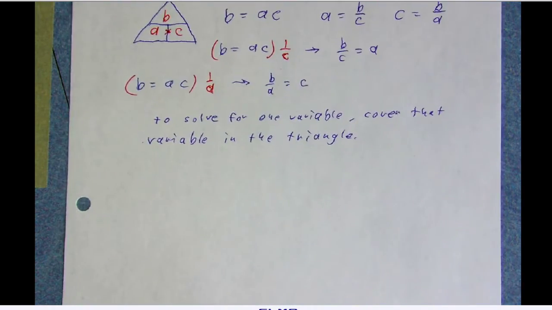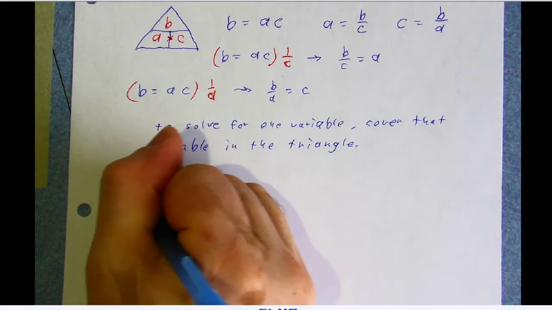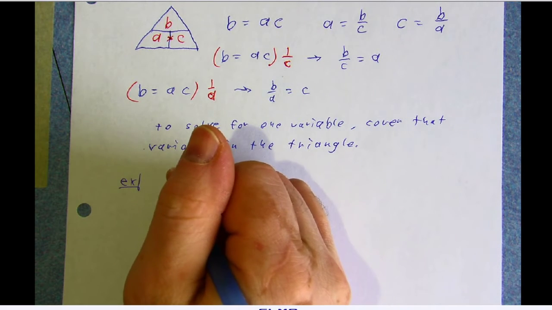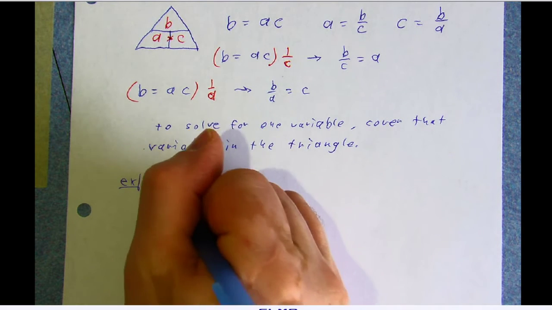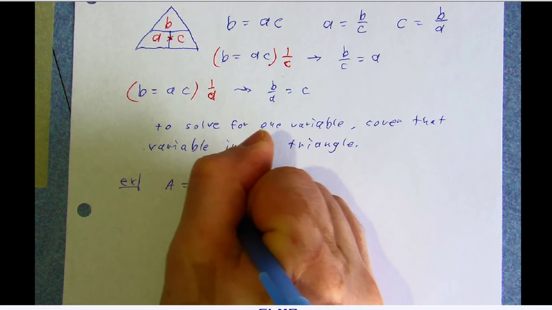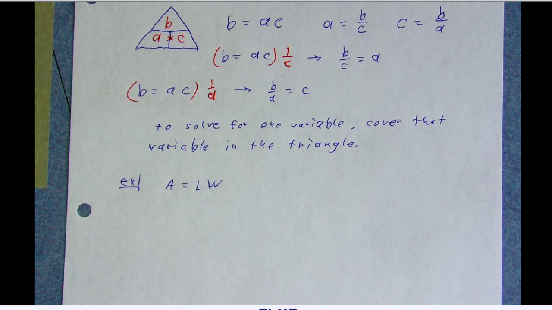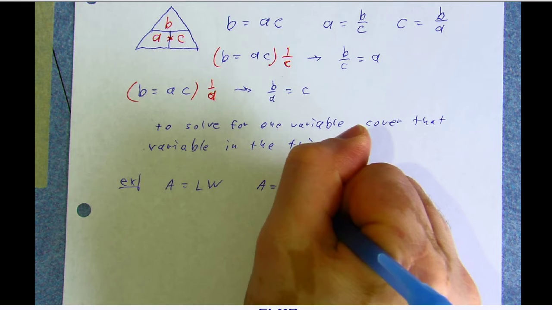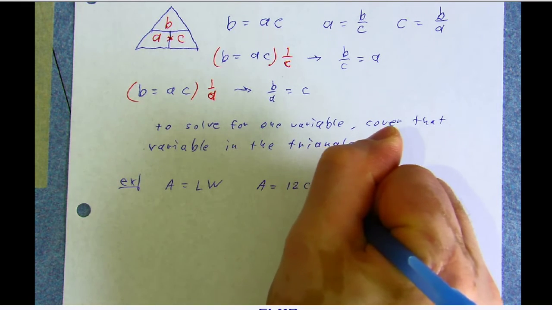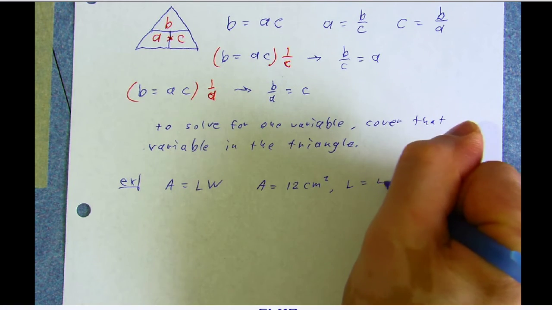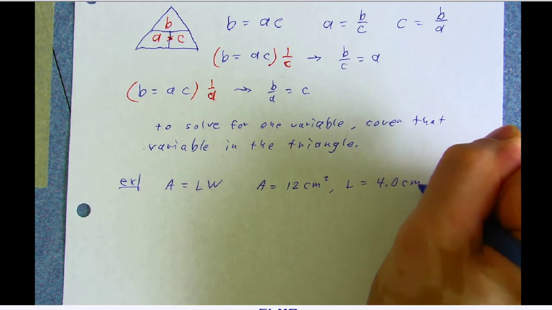Let's just do a quick example here. We're given area equals length times width, and we're told A equals 12 centimeters squared, and L equals 4.0 centimeters.